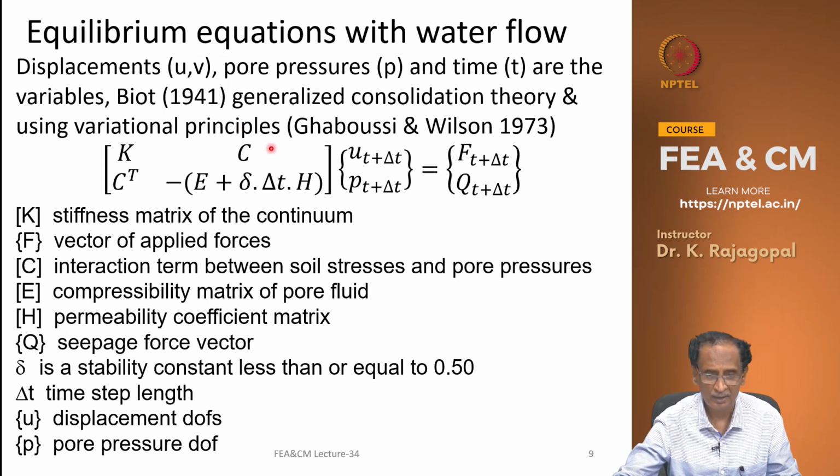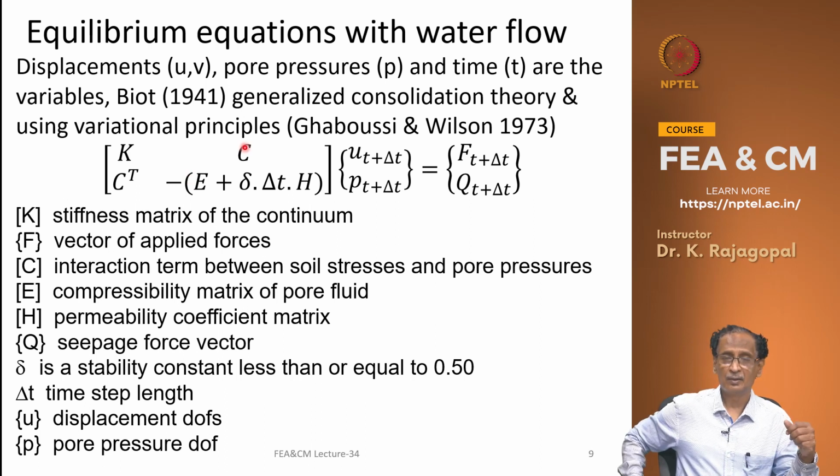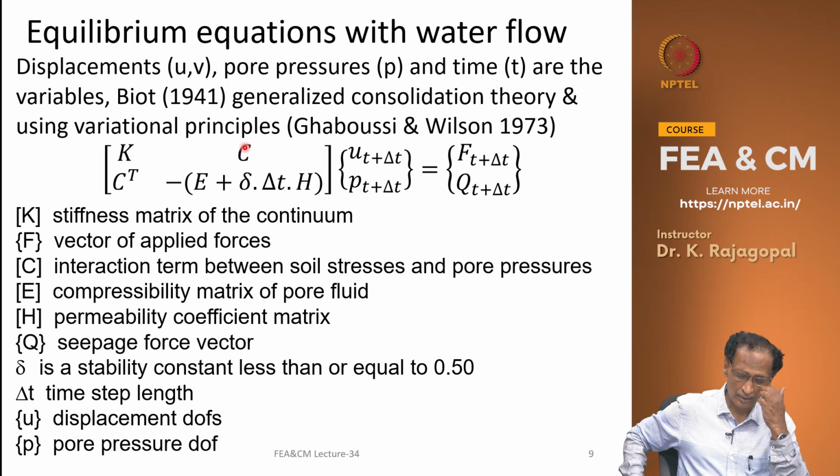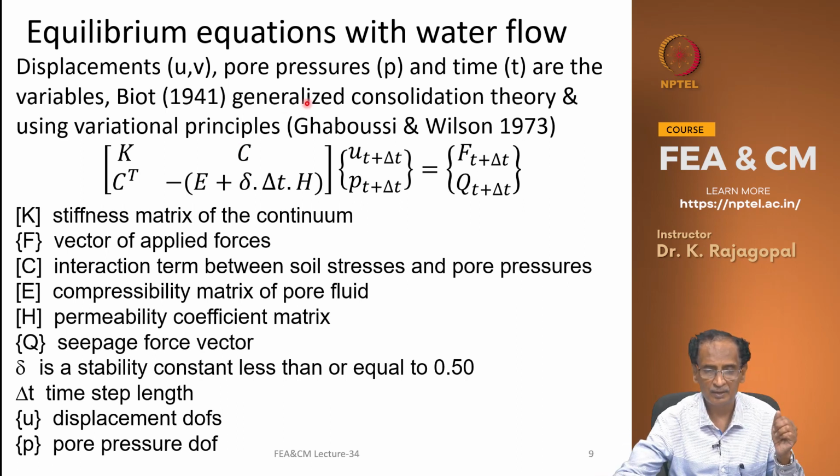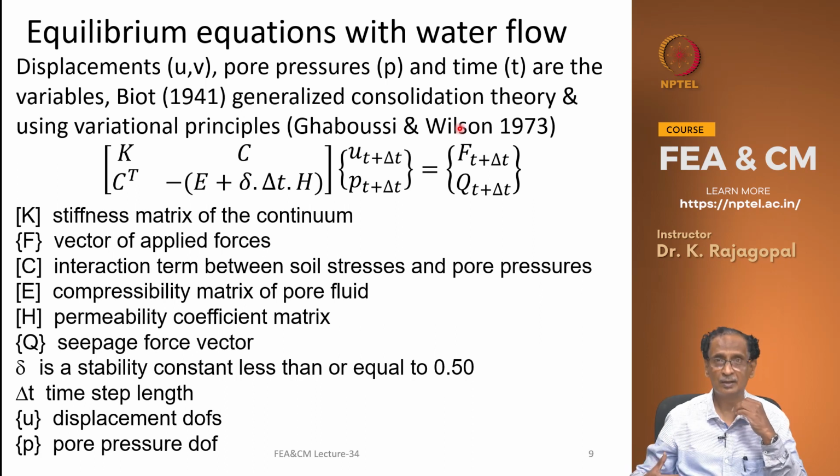And Gabbusi and Wilson derived the finite element equations. Here I am not showing you the derivation, but if you are interested you can refer to this paper, and the details of this are given in the next slide.